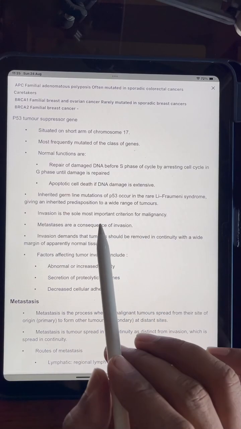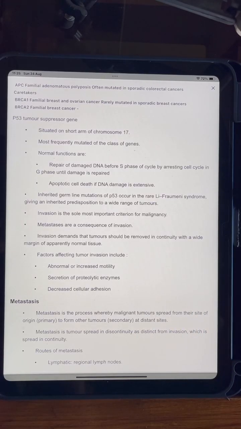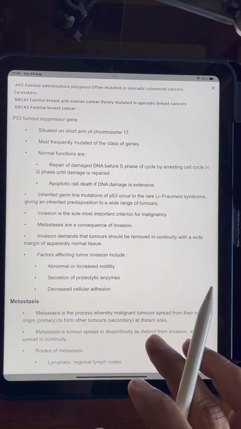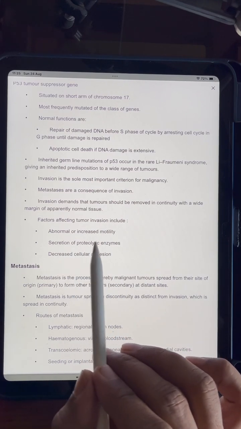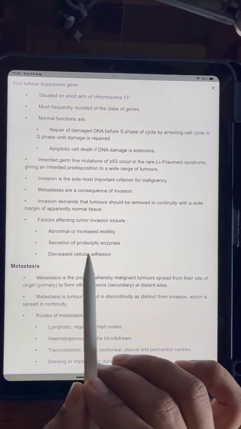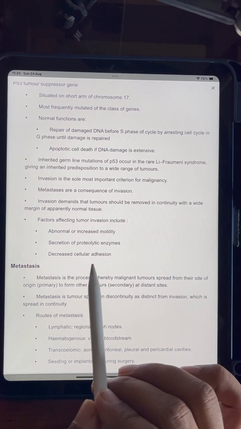Invasion is the single most important criterion of malignancy. Metastasis occurs. Factors affecting tumor invasion include abnormal or increased motility, secretion of proteolytic enzymes, and decreased cellular adhesions.